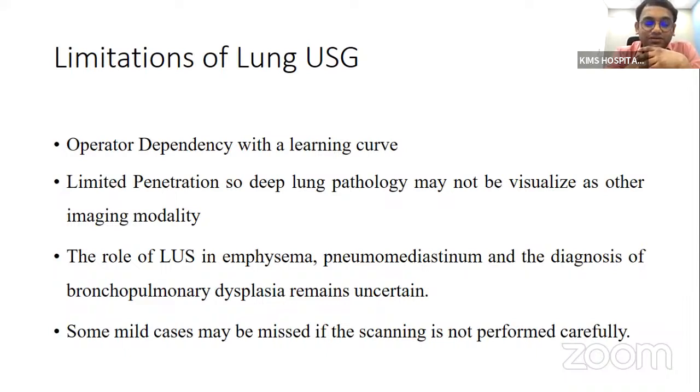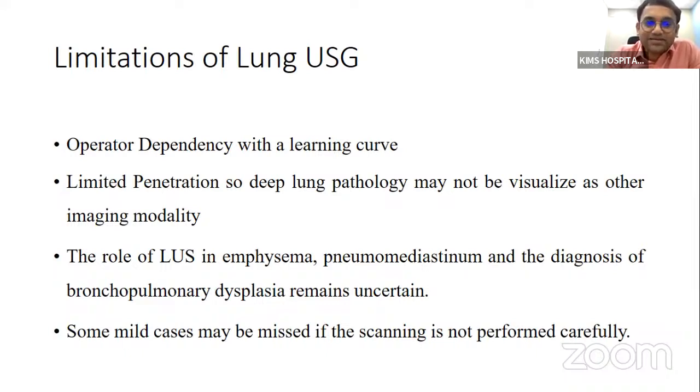Also, the use of lung ultrasonography in emphysema, pneumomediastinum, and even the diagnosis of bronchopulmonary dysplasia remains uncertain. There are multiple studies and research happening to identify the role of lung ultrasonography in BPD and in its prediction in newborns. Multiple scores have been developed and it is still evolving. So we still need more research to predict and diagnose bronchopulmonary dysplasia.